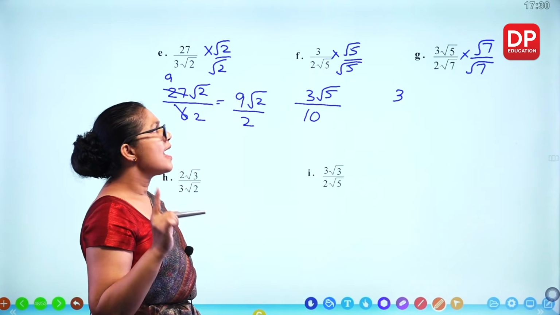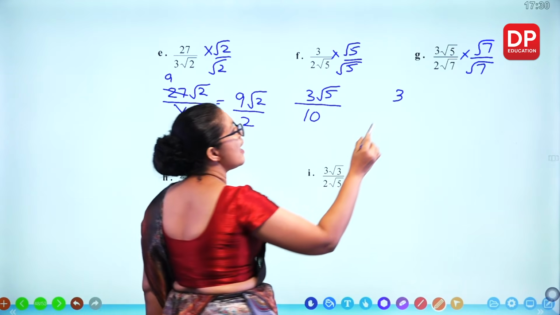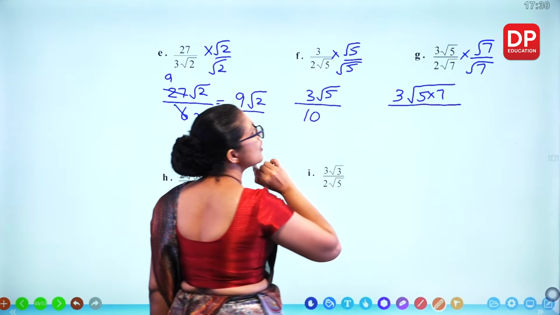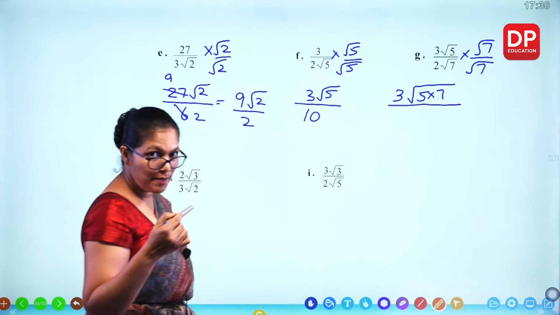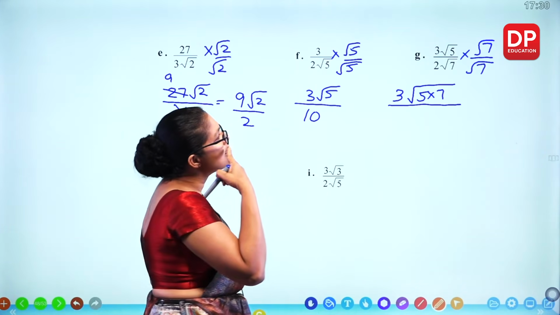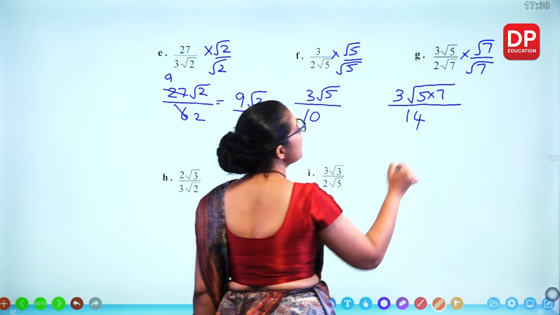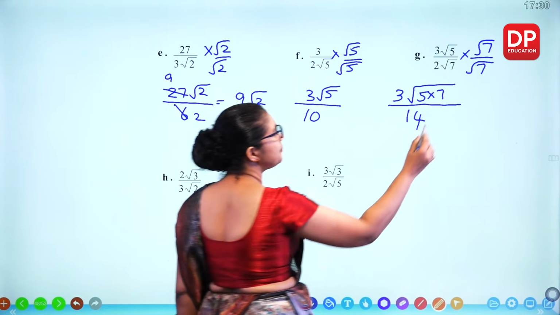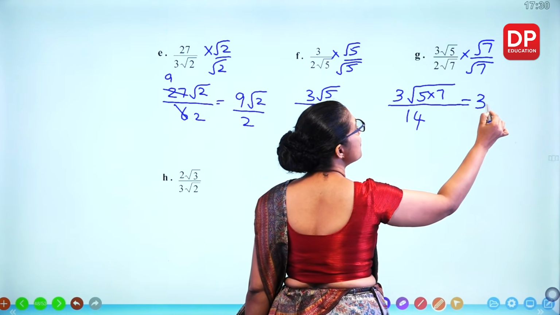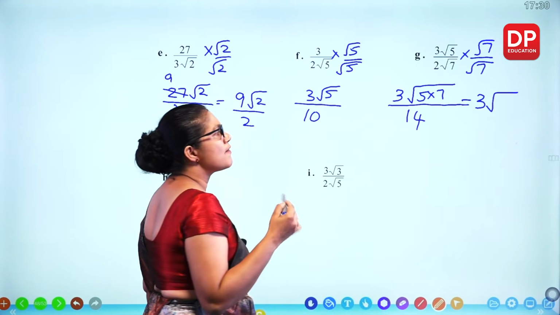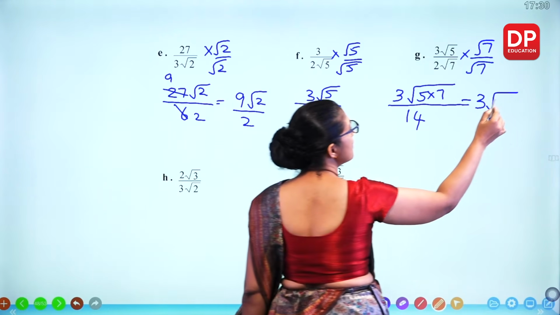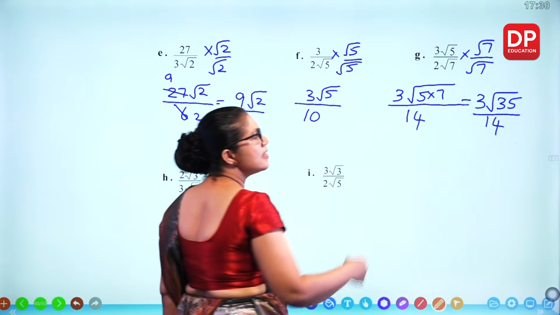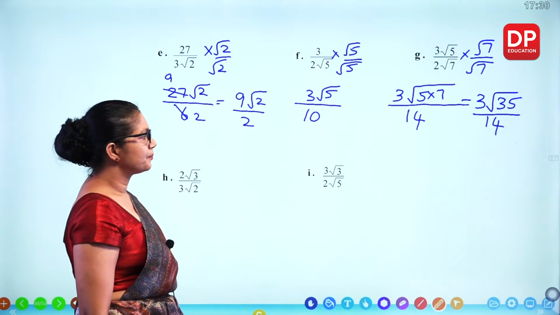I can write as a single surd. I can take those two numbers inside. What about the denominator? Root 7 times root 7, you get 7. 7 times 2, you get 14. Now, can we simplify further? I can write this as 3 root of 7 times 5, 35 over 14. So, I can't simplify further.